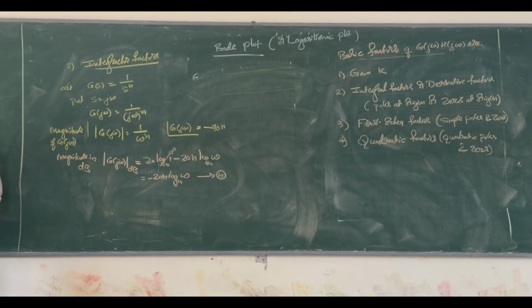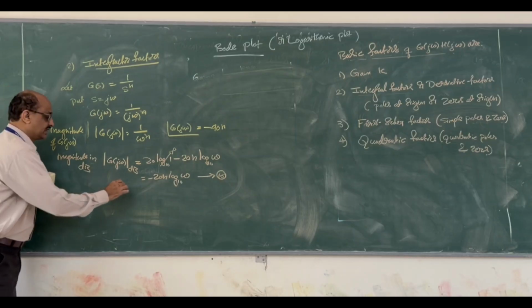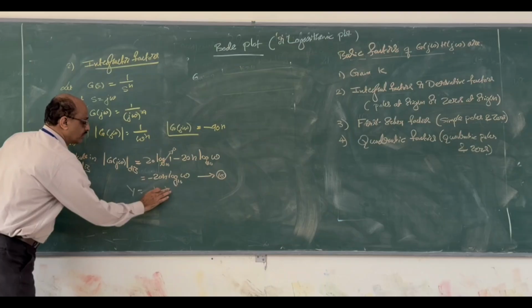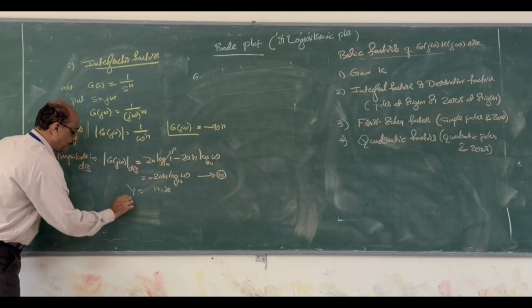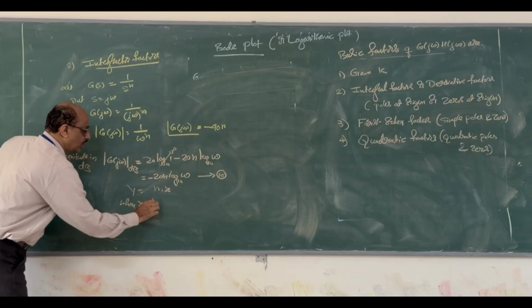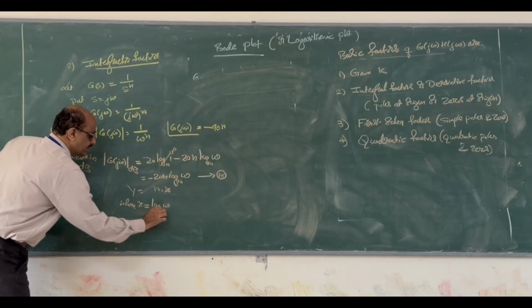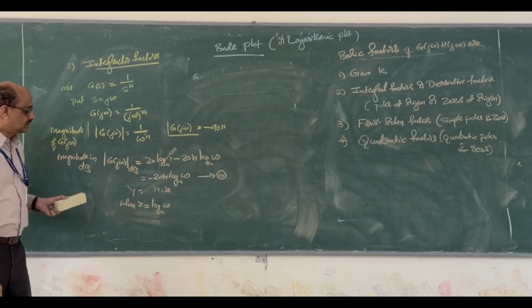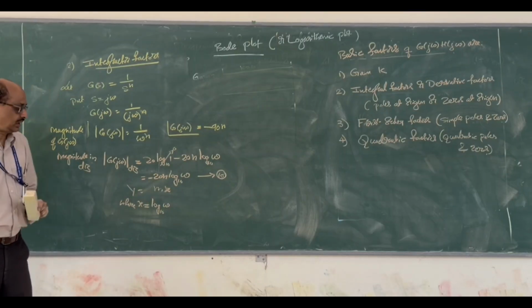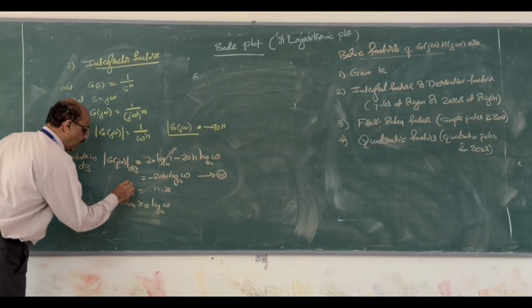Equation 10 is the equation of a straight line, y equal to mx, where x is equal to log omega base 10. So the remaining minus 20n is your slope.